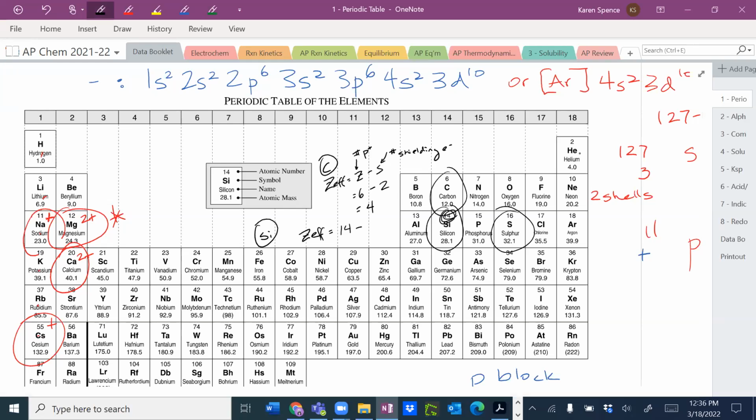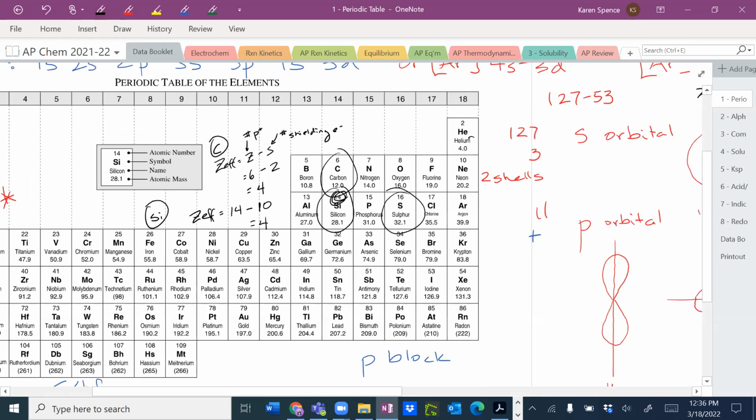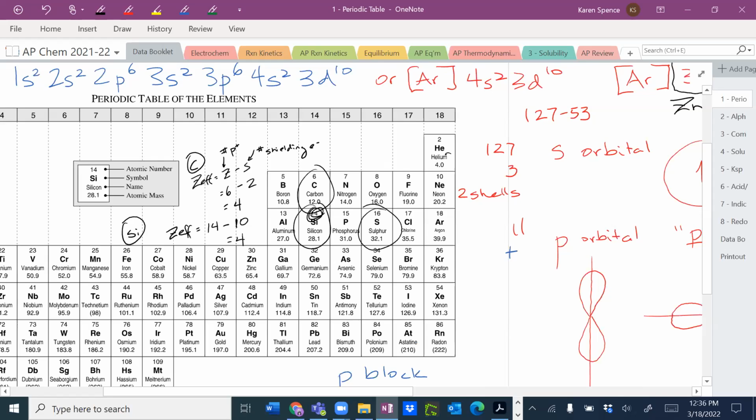So there are 2 electrons in shell number 1, 8 electrons in shell number 2. So that's 10 electrons altogether. So that gives us 4. So when you are in the same group, the effective nuclear charge is essentially the same. It's actually a much more complicated formula, but we don't need to know that. Okay, so we're not worrying about the effective nuclear charge between carbon and silicon.